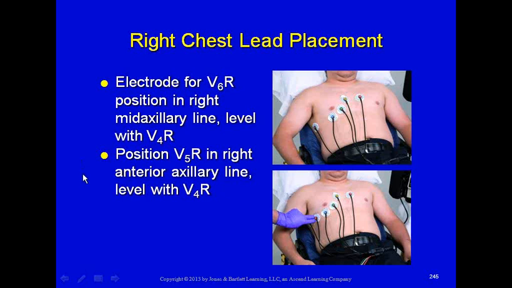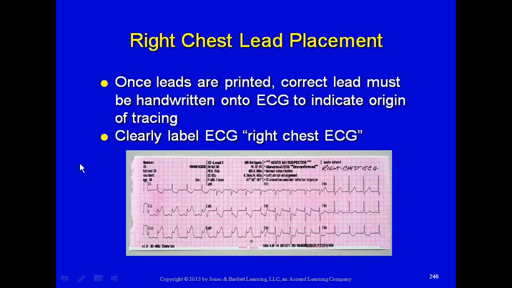You put a big R after those so that you identify to the reader that's trying to interpret this 12-lead ECG that it was a right-sided 12-lead ECG. And you see clearly here where they wrote right chest ECG, or a right-sided ECG, so that the reader knows to look at V4.